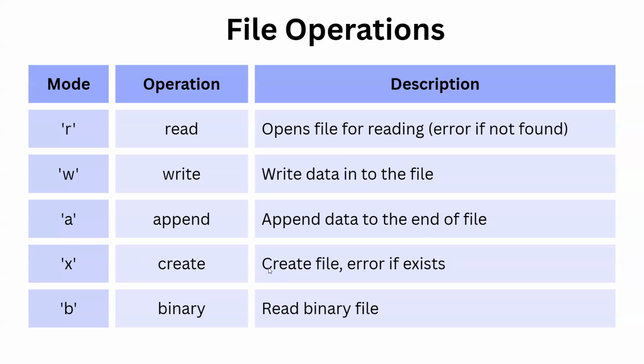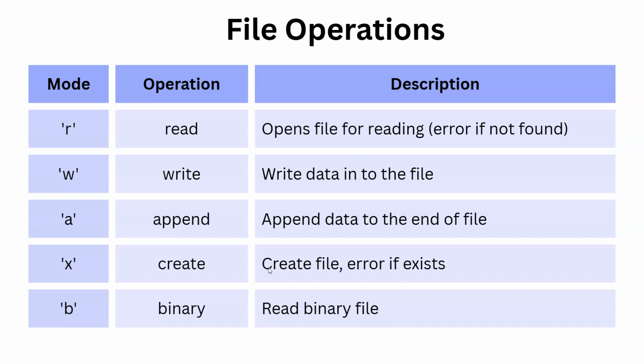In place of write, it will just write the content without checking the file. If the file already exists, it will create that file again and write the content. But here, as part of the X mode, it will give the error if that particular file already exists.